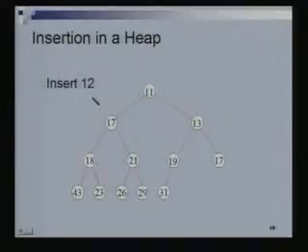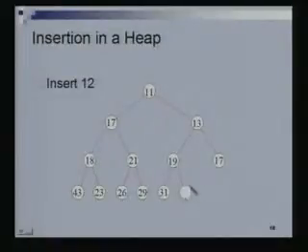So suppose I wanted to insert 12 into this heap. What would I do? Well, right now this heap has 12 nodes in it. If I insert 12, this heap is going to have 13 elements in it. If it has 13 elements in it, then structurally I should have another node here. So that's the first thing I would do.